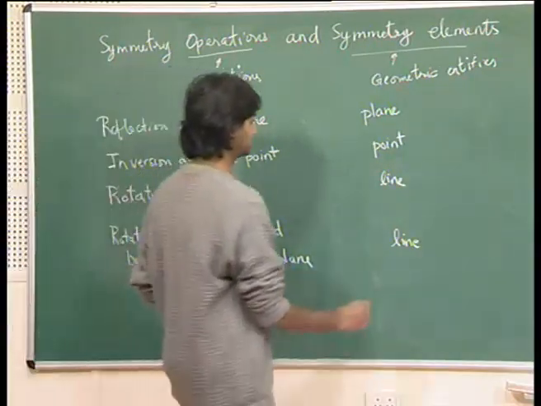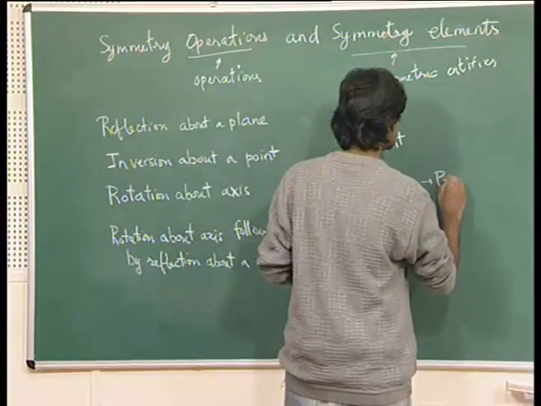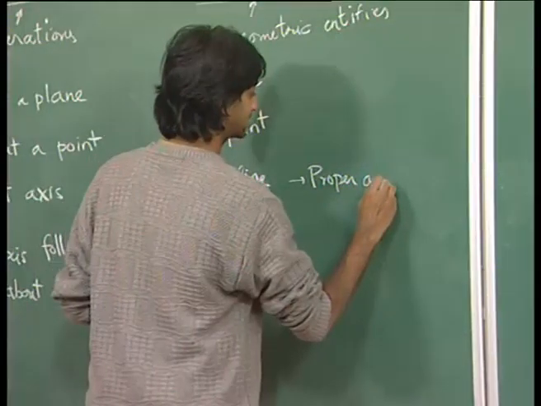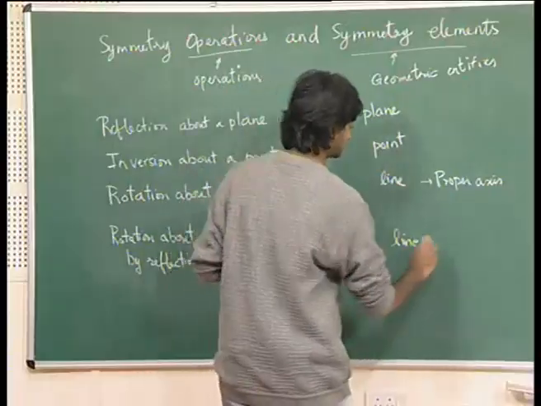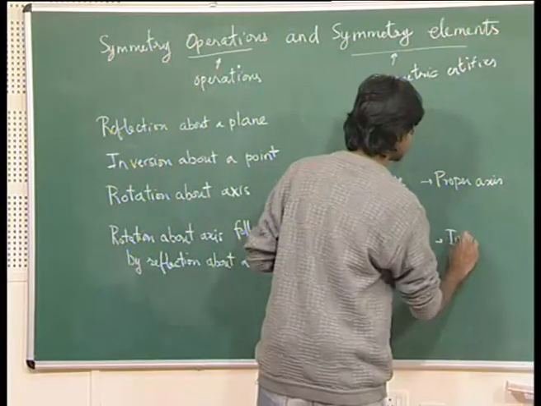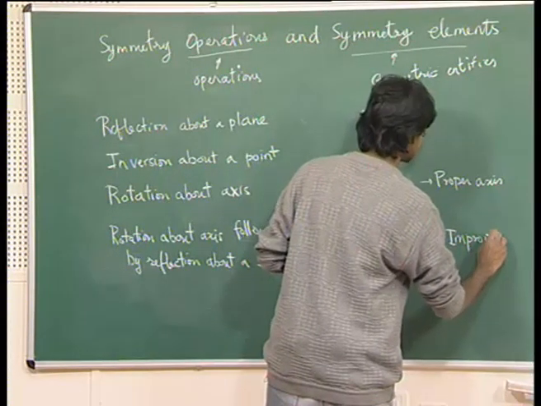This is sometimes called a proper axis, and this is called a proper rotation. This is called an improper axis or an improper rotation.